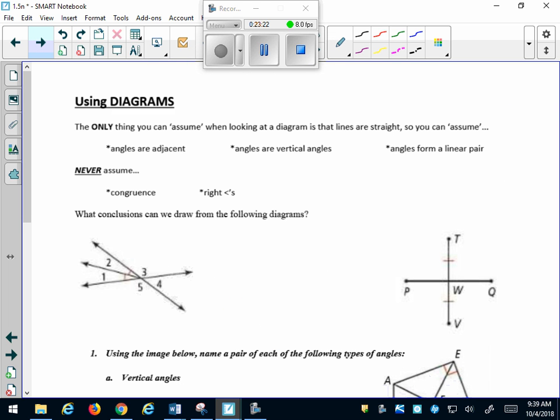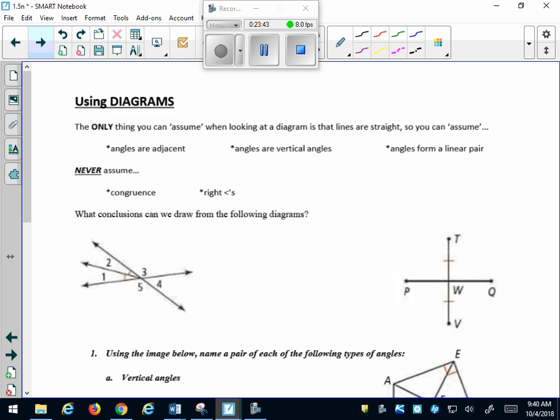So, when you're looking at a diagram, it's very important to never assume anything, except that lines are straight. If it looks like a straight line, then it is a straight line.